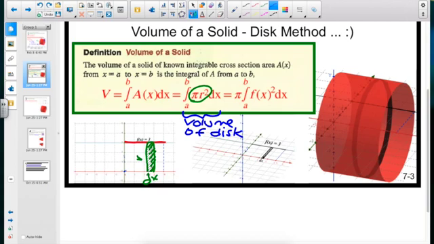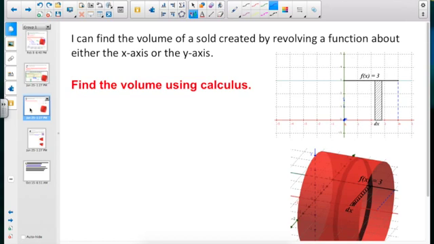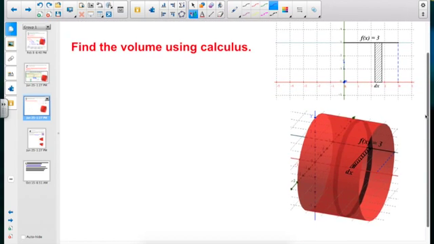And then we can add up all those disks, which is what your integration is going to do. So let's take a look at this then using calculus. What's my function here? Using calculus, your function is what?